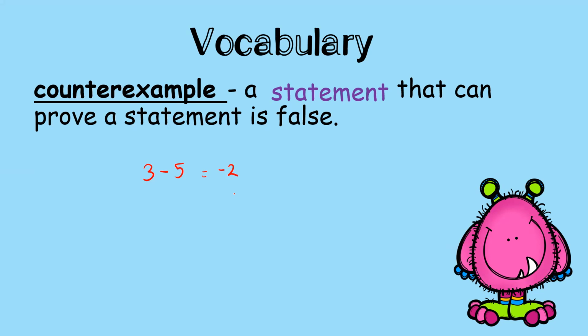It's an integer. It is not a whole number. Whole numbers, remember, are 0 and all the counting numbers. So this is a counterexample. It is a mathematical statement. It is going to be just numbers, not words.